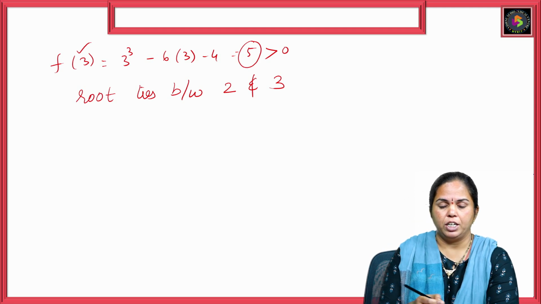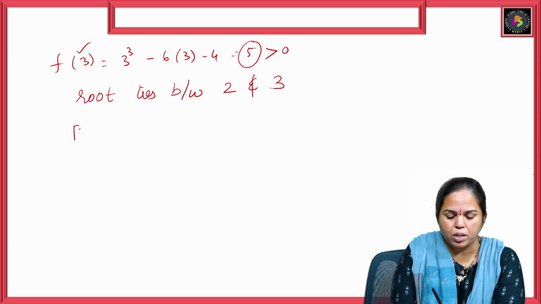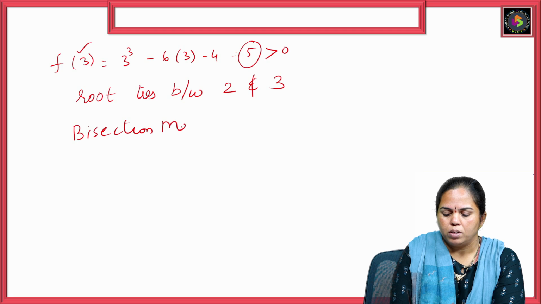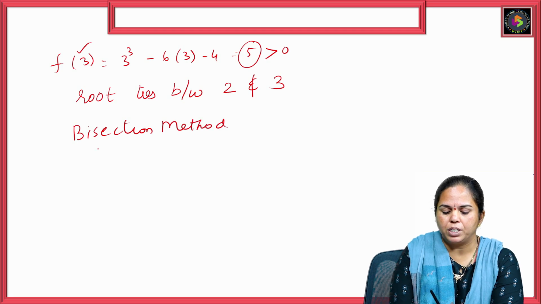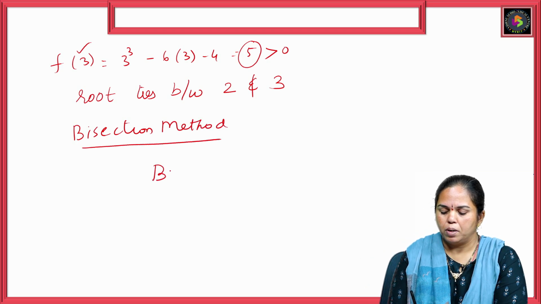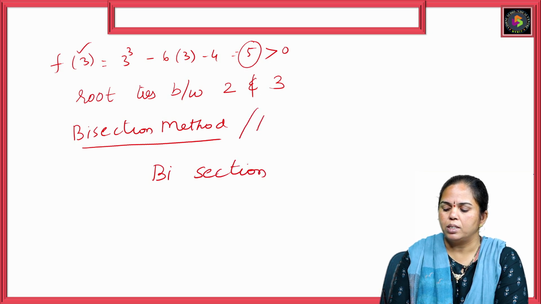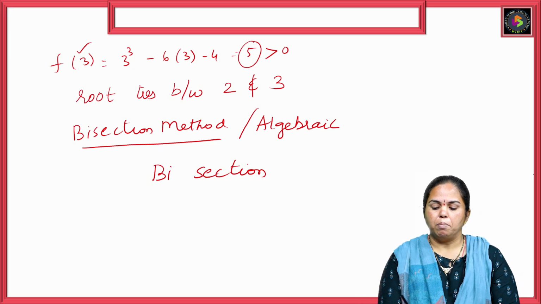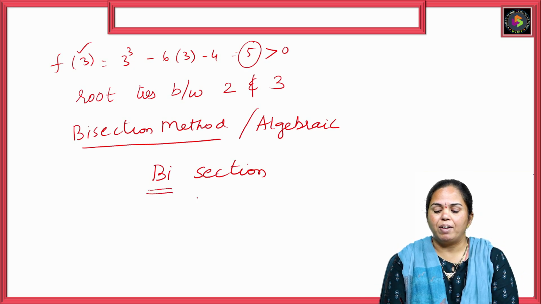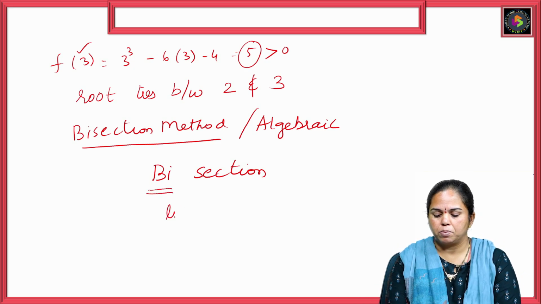After finding the initial roots, here we are discussing the bisection method. Bisection means dividing into two parts.